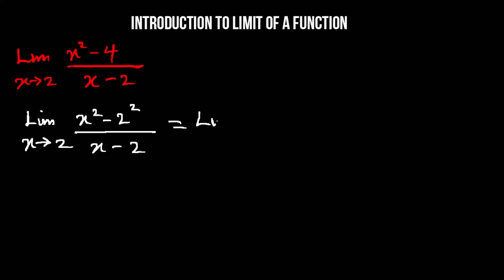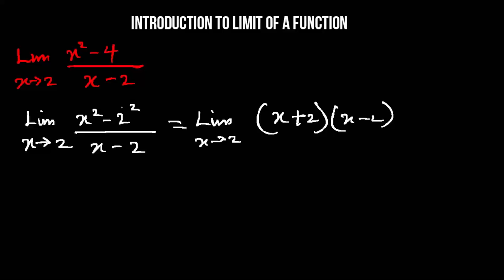So I'll write this as the limit as x tends to 2 of (x plus 2)(x minus 2), since this is the difference of 2 squares, divided by x minus 2. So if I have this, this and this can cancel out.